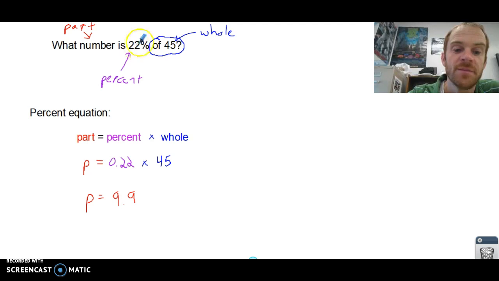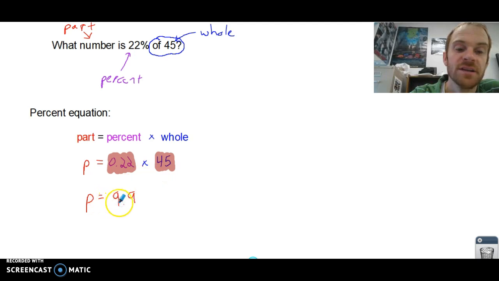Well, if my percent is 22, I'm going to plug that in, and I'm always going to use the decimal form of percent. So I wrote 0.22 because that's the same thing as 22%, or 22 out of 100. And then my whole was 45, so then I plug that into my equation. So my equation, if I want to know the part, I take percent times the whole.